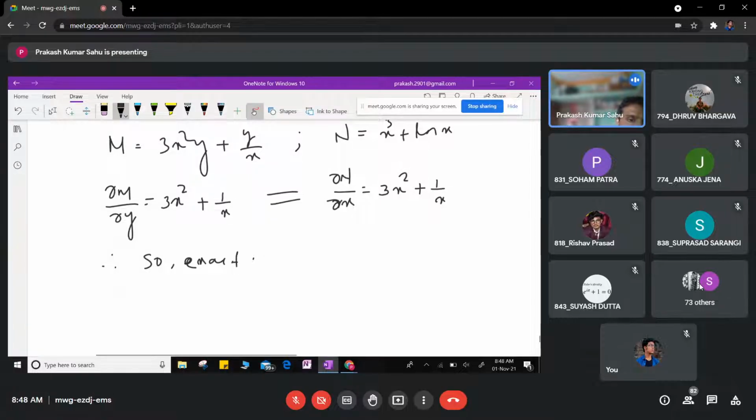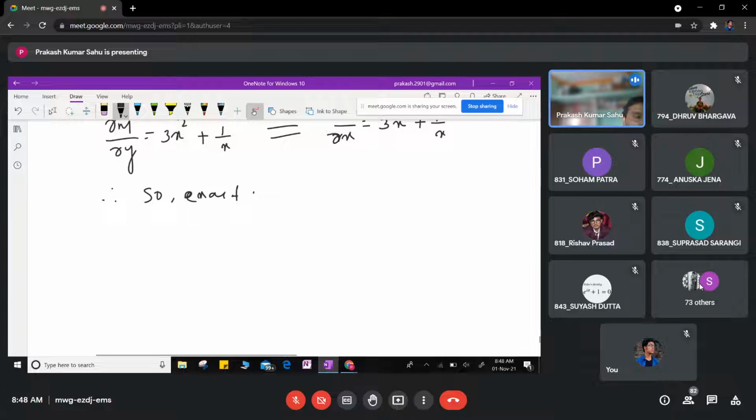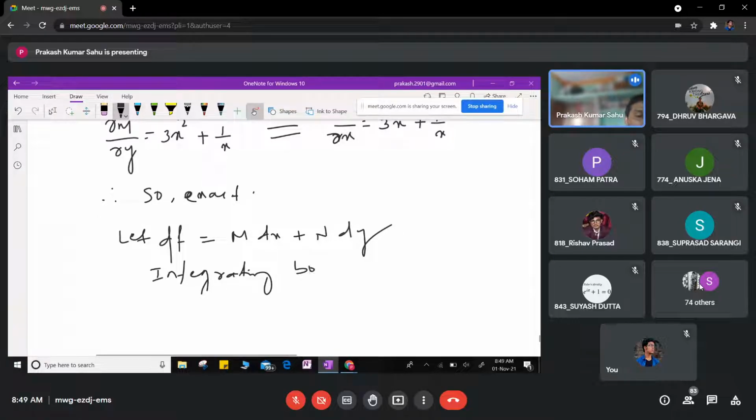So if the differential equation is exact, then we have to find the solution. The solution क्या होगा? Let df is equal to M dx plus N dy, integrating both sides.